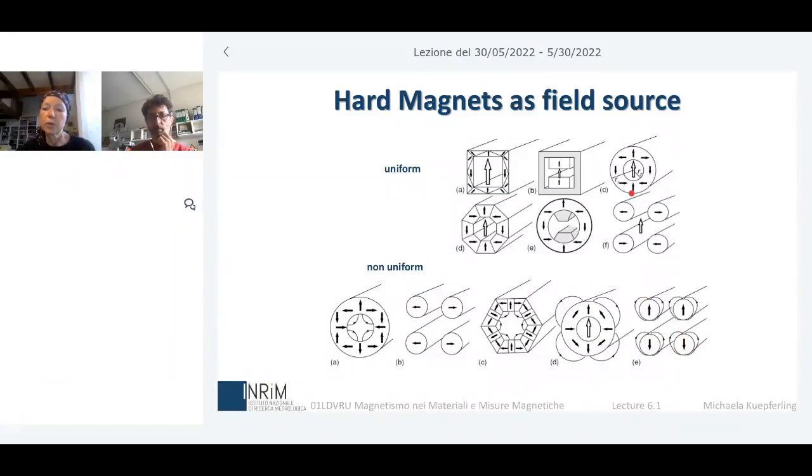Among the uniform ones, I would like to mention just the Halbach cylinder, which is an array that gives you a very uniform field inside. This is a kind of tube, which is cut into different pieces of hard magnetic material, and they are magnetized, as you can see here, in different directions. This is used very much when you cannot use electrical currents in your application for producing the magnetic field.